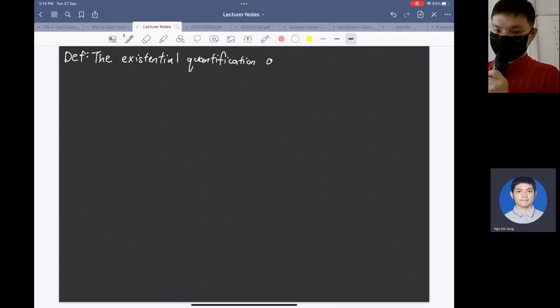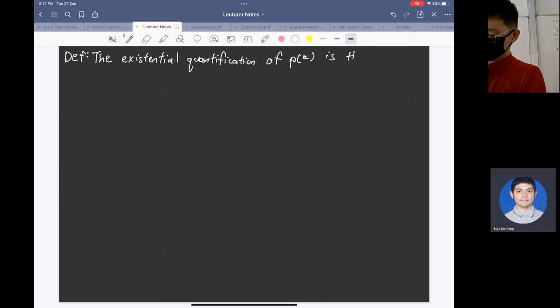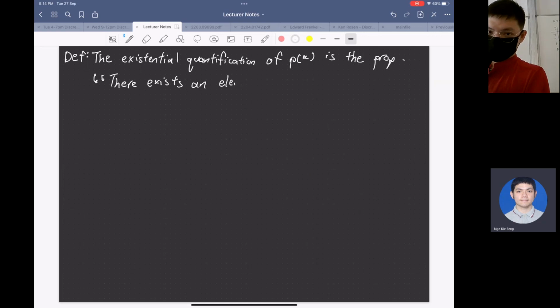This time it's the inverted E. It's the proposition: there exists an element x in the domain D. Every time I talk about an element, I need to say a domain. This x needs to live somewhere, like you need to live in a house. There's a space that the x lives in.